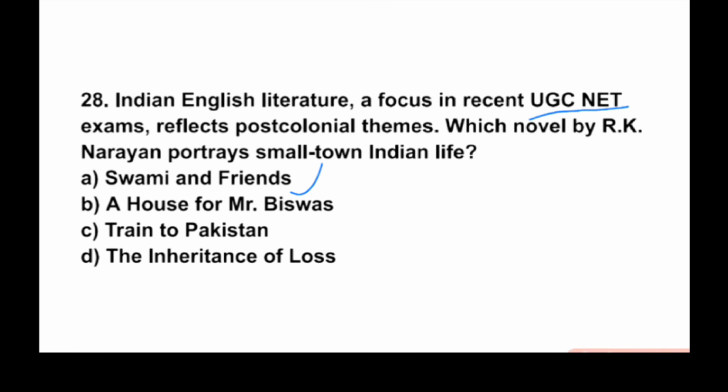Narayan, Swami and Friends, 1935. It captures the simplicity and humor of Indian life, contributing to the post-colonial canon.